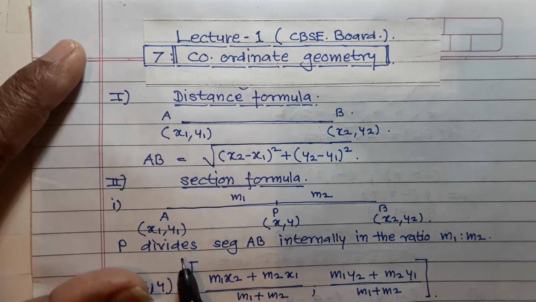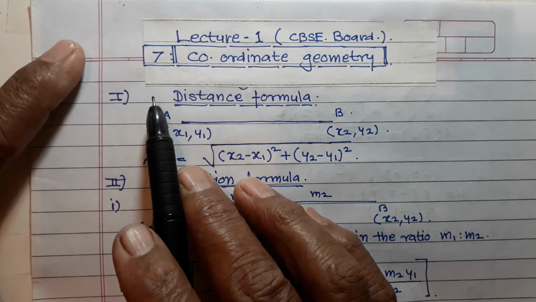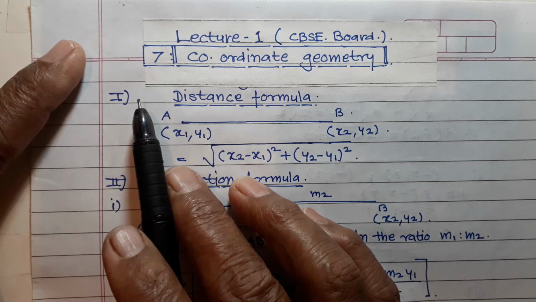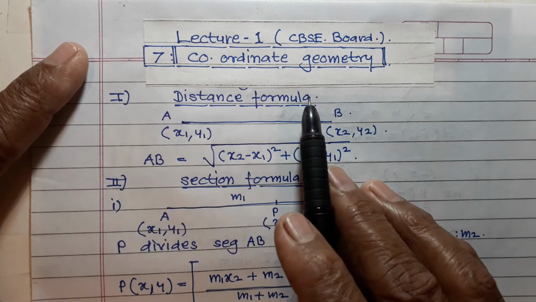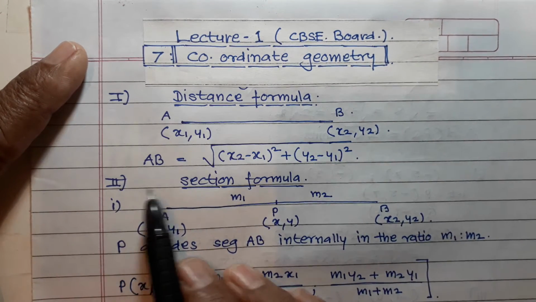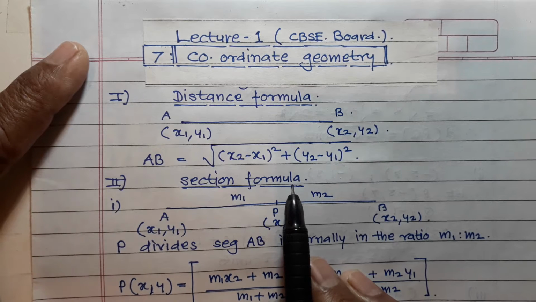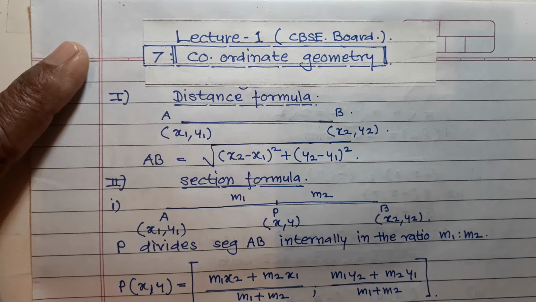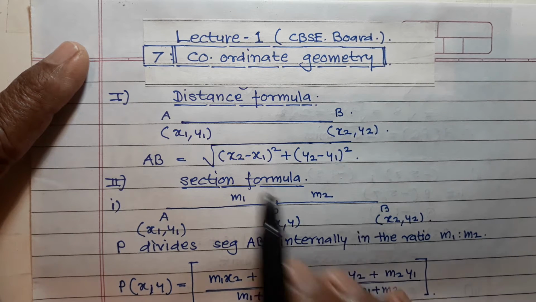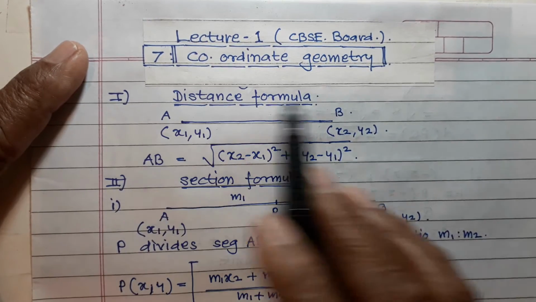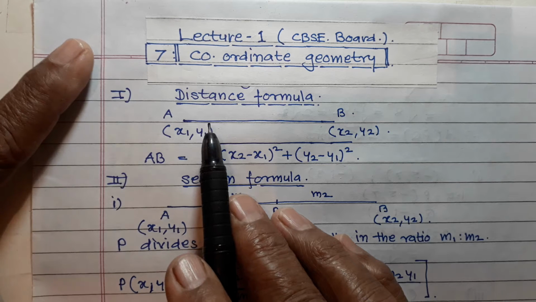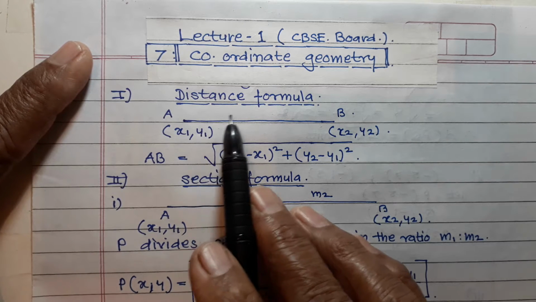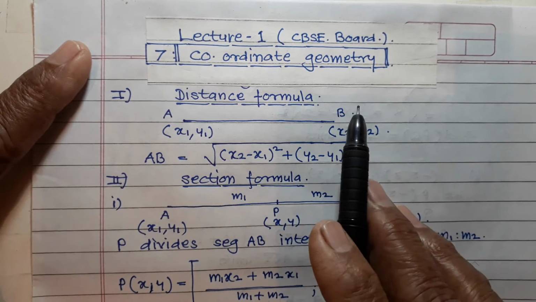In your syllabus, there are three main topics: one is distance formula, number two is section formula, and number three is area of triangle. If you remember all these formulas, then you can easily solve all examples based on coordinate geometry.